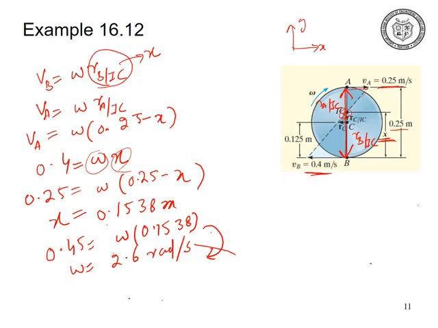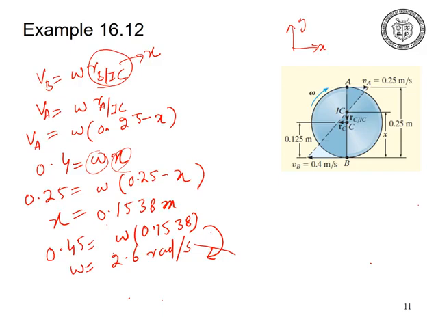In the second part of this problem, we have to find the velocity of its center C. For the velocity of the center C, we have to draw the position vector from the instantaneous center to the center C. Let me first erase this so that it becomes clear to you.